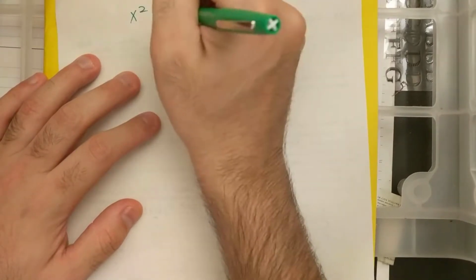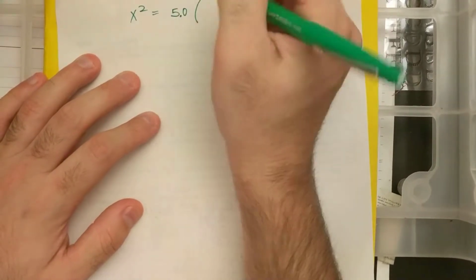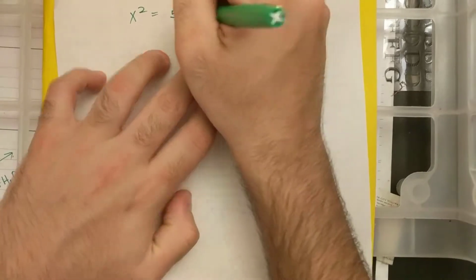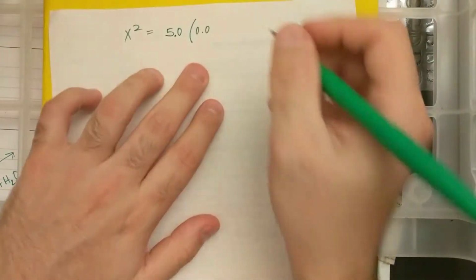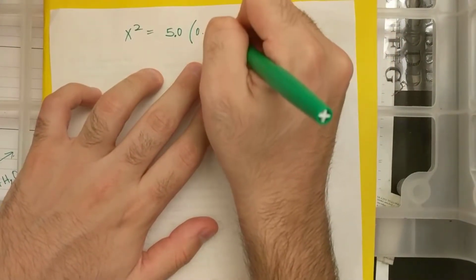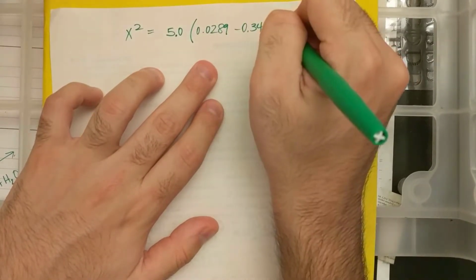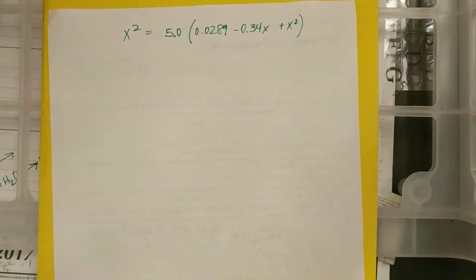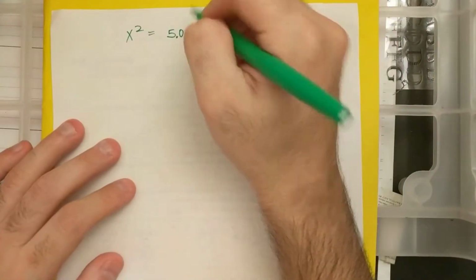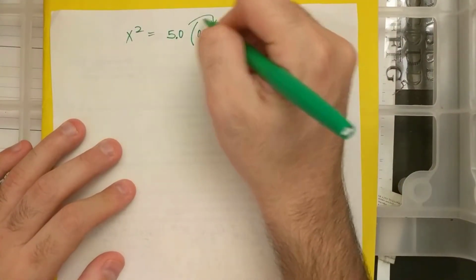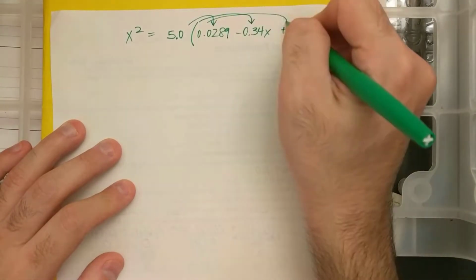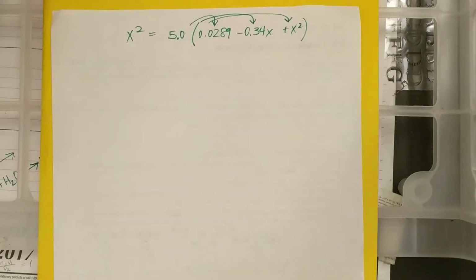So in flipping this over, I'll get x squared equals 5 times 0.0289 minus 0.34x plus x squared. And so if I have 5 times this, I distribute. Now this is math heavy, and you're going to have a problem like this on your quiz where I just make you do one quadratic.